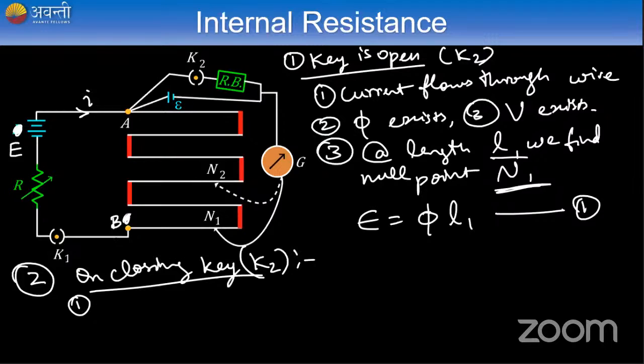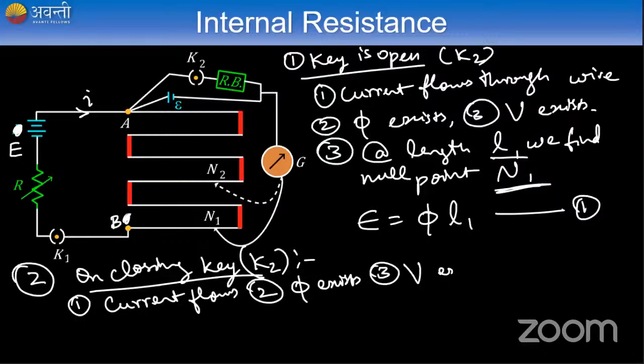So on closing key K2, there exists a current flowing through the wire. Second thing, there exists a potential gradient. And a potential drop V exists. So here the potential drop is across what?